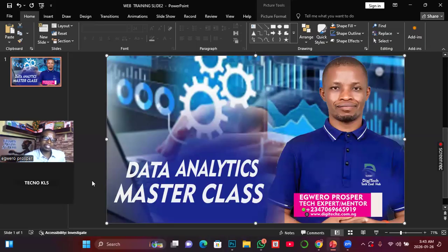Analysis means applying statistical and analytical techniques. So what is the objective? Applying statistical and analytical techniques to identify trends, patterns, and outliers that can influence smart decision making.